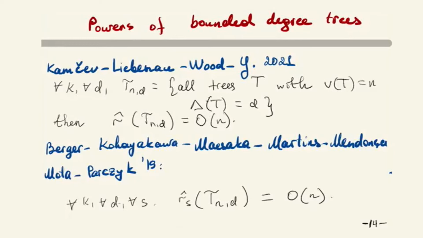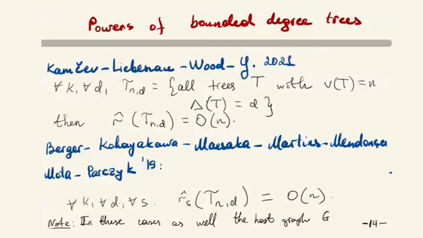So again, one thing to note is that in these cases as well, the host graph is not really the random graph, because the random graph would be too sparse, but it's obtained by some power of the random graph and then blowing up by large cliques.